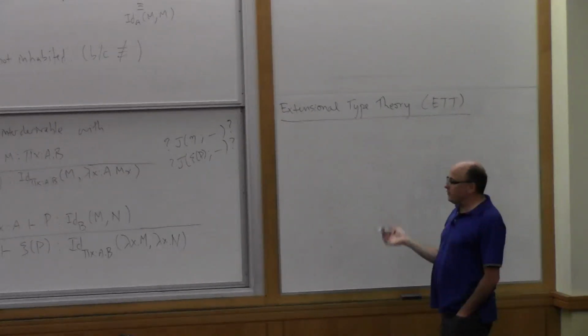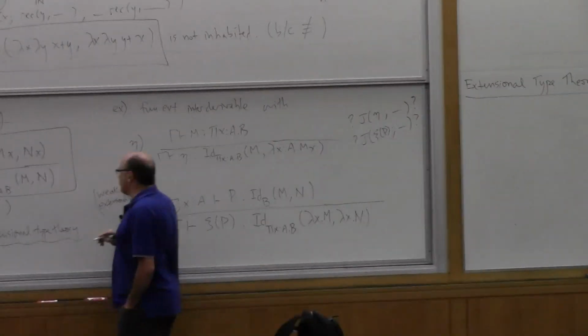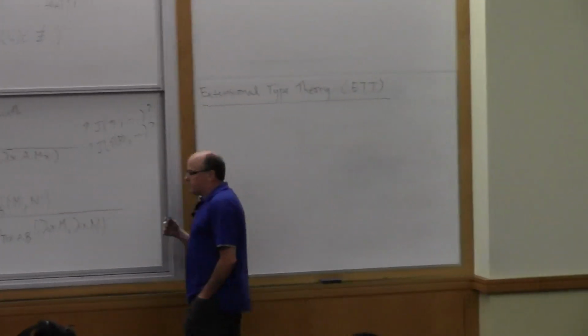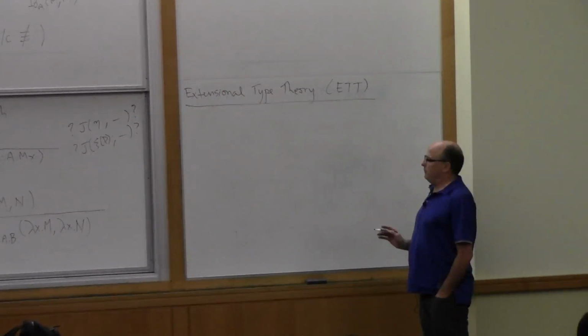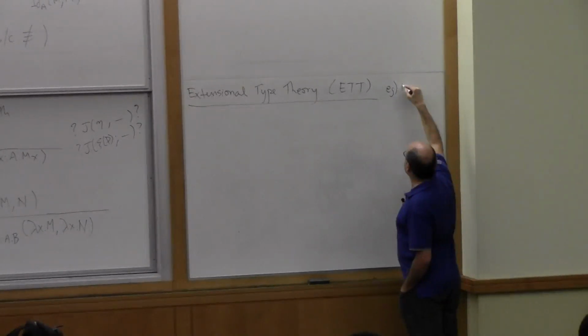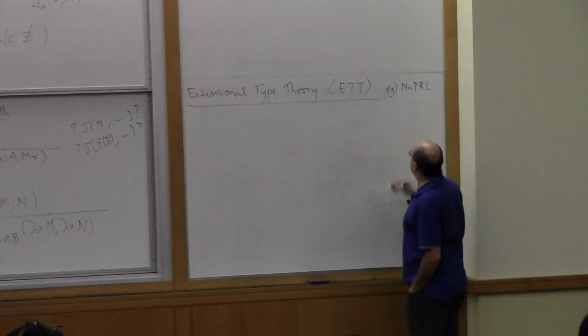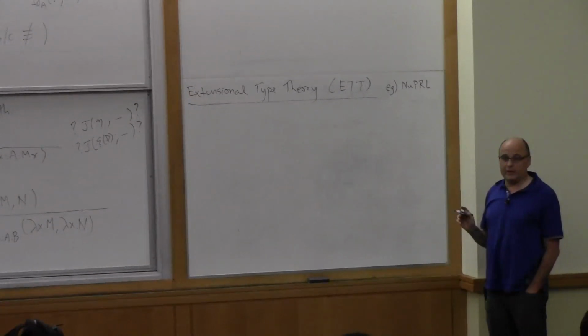So if what we had so far is ITT, that's what we've done so far, there's another way to justify, there's another form of type theory one can give which avoids all of these problems, and it's called extensional type theory. An example of this is the NuPRL type theory, which is a particular extensional type theory, and Bob Constable will be talking about that shortly, okay?